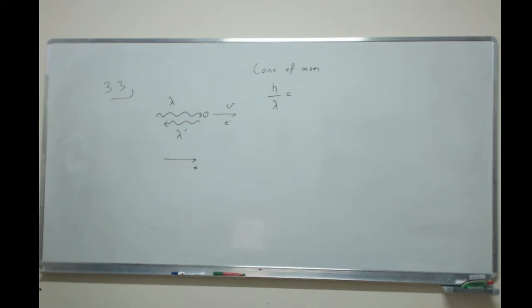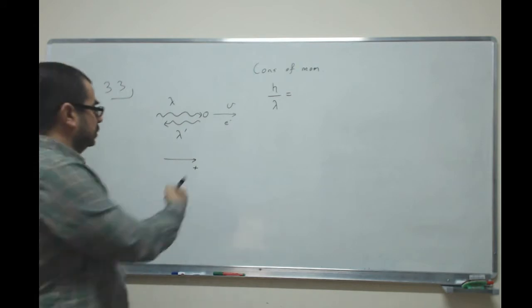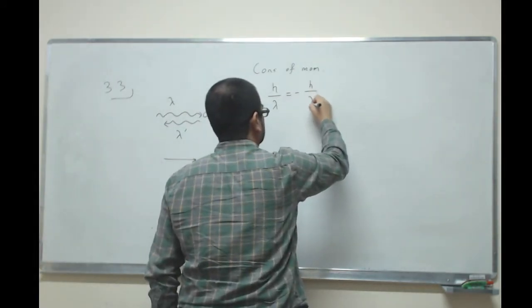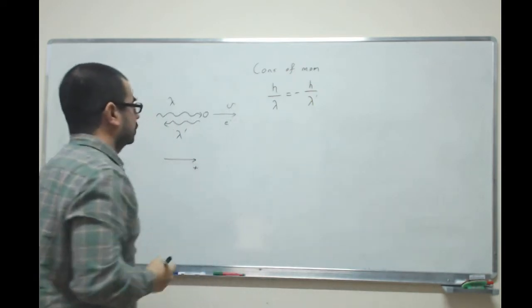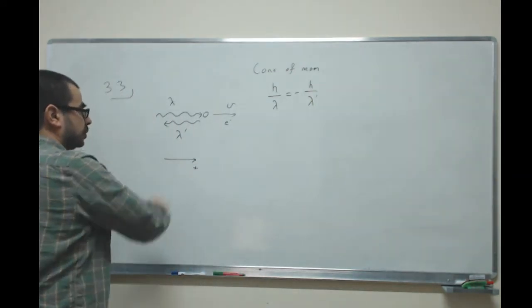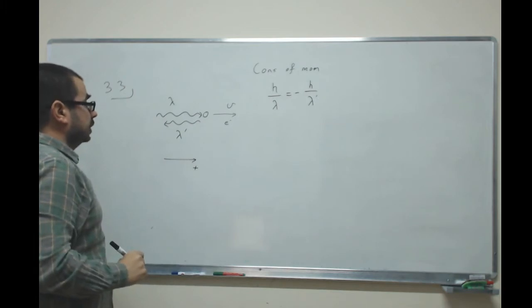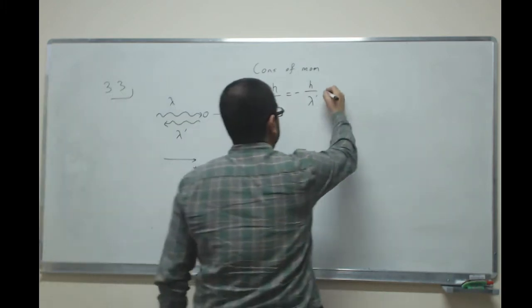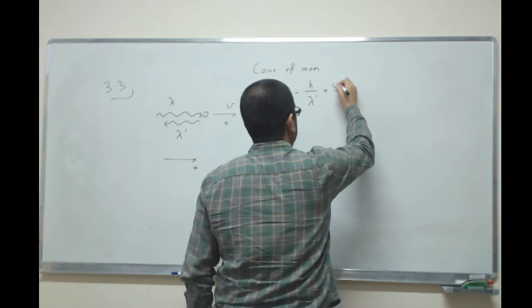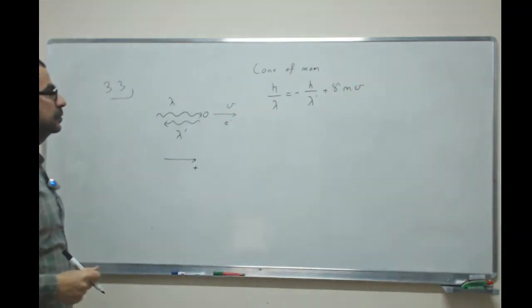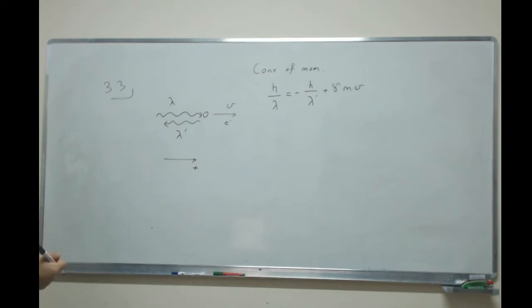The final momentum is the backwards momentum of the photon, so this is minus h over lambda prime. It's negative because it's going backwards with respect to our positive direction. And the electron is moving forward, so that's plus gamma mv. I'm not putting any subscripts here because there's only one thing with the mass and velocity, it's just the electron.